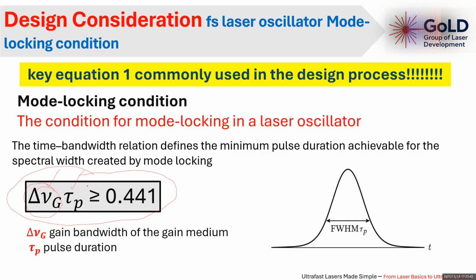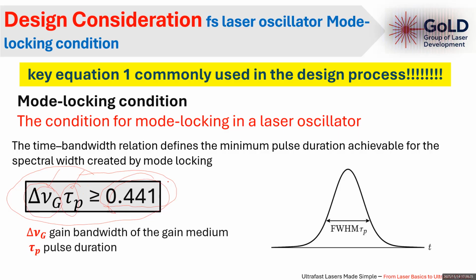And the second thing shows the pulse duration, for how long the pulse appears. And it is greater than or equal to this value, which is for the ideal Gaussian case of the beam profile. In general, this one is called the time bandwidth relation.